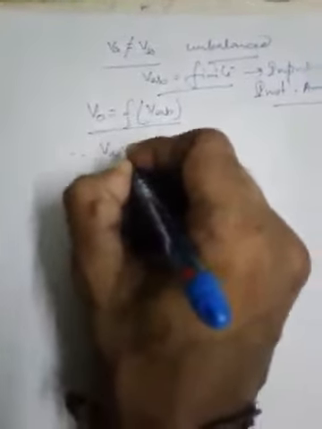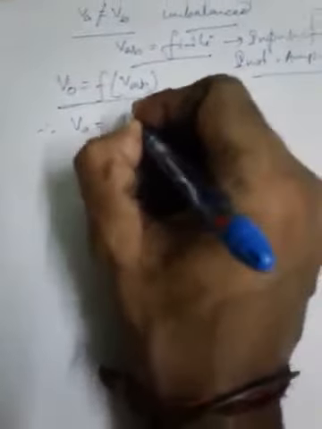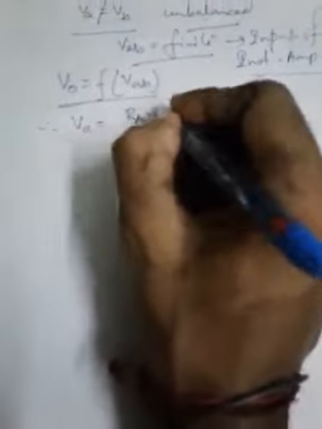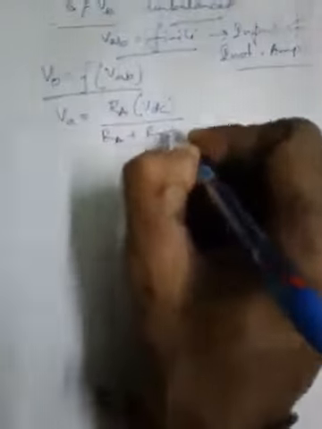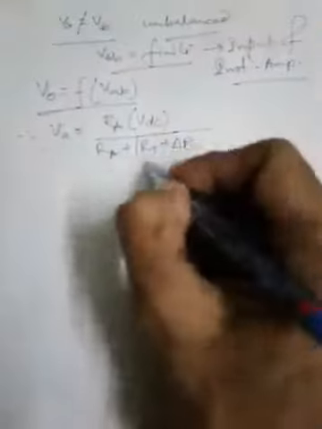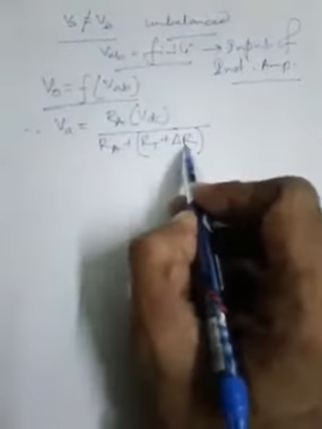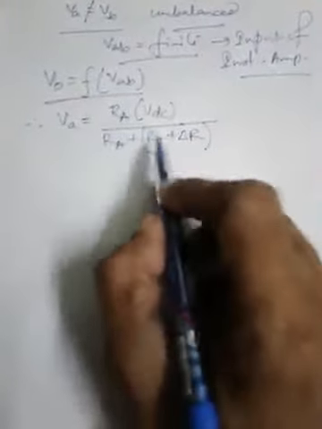According to the voltage divider rule, VA is given by RA into VDC divided by RA plus RT plus delta R. Very simple, because when it is balanced, it is only RT.